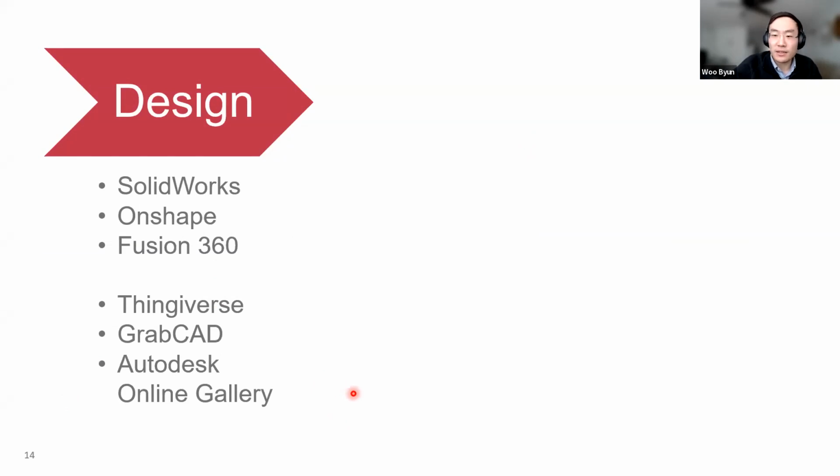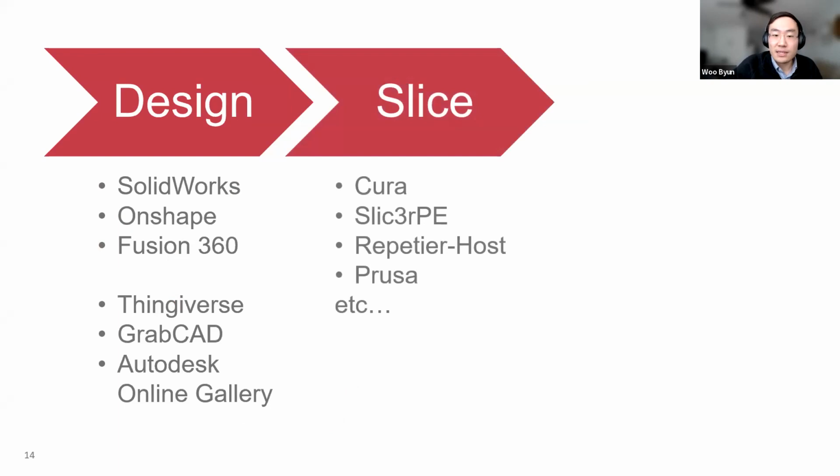So if you want to make daily useful things, someone has probably designed it, so you can actually just download the file and print it yourself. For more specific uses like medical devices, you'll have to go up here and make things from scratch. And I won't go through that process in this talk, but there's a lot of tutorials online that'll help you make things in 3D. Next, you export that and you slice it.